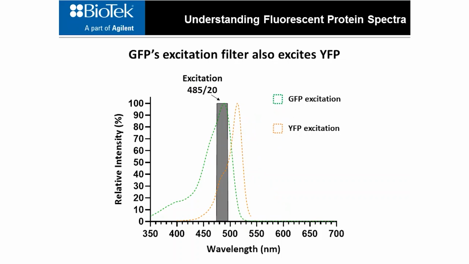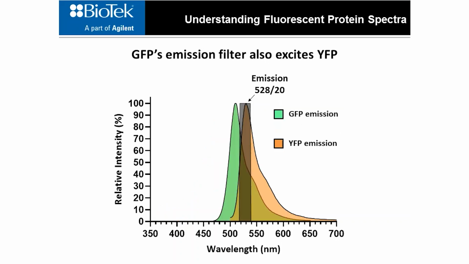If you consider just the excitation, and you have a sample containing both of these fluorophores, using a filter optimized for GFP excitation, you'll find that YFP is also excited, because the light that passes through the filter is able to excite YFP as well. Additionally, the emission filter for GFP will allow any excited YFP signal to bleed through, and it will be difficult to decipher between the two signals.